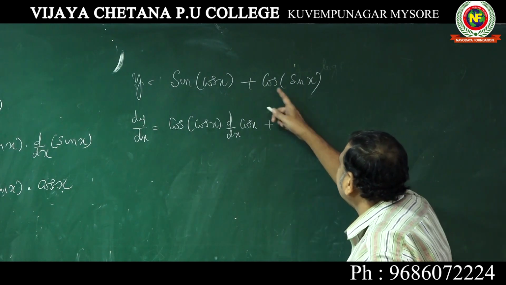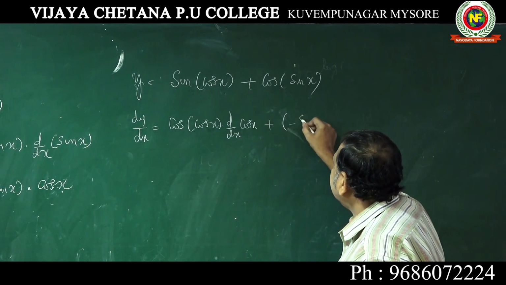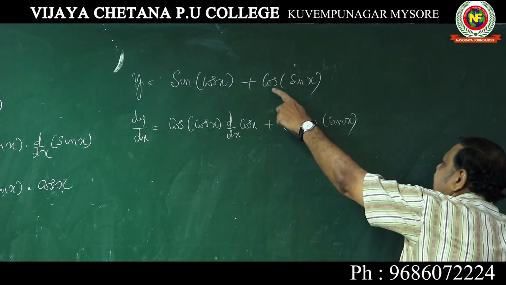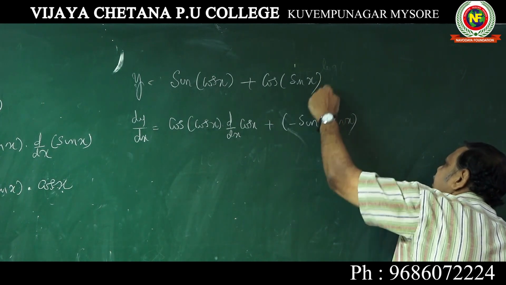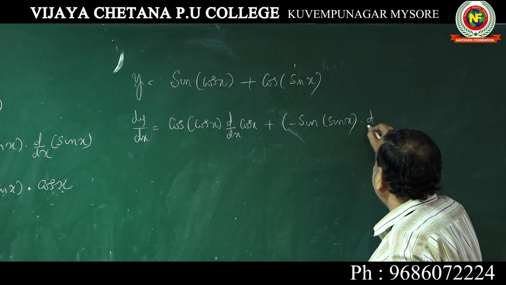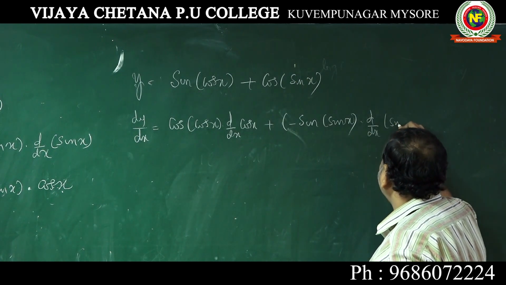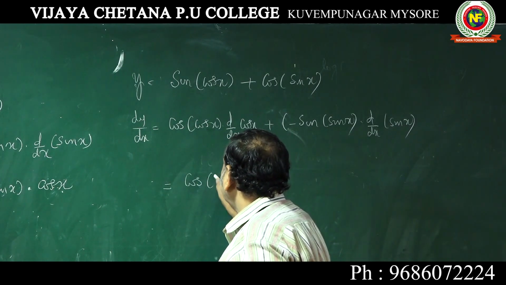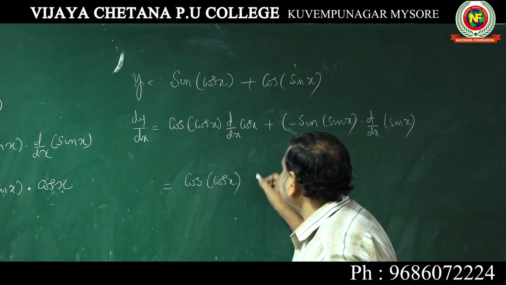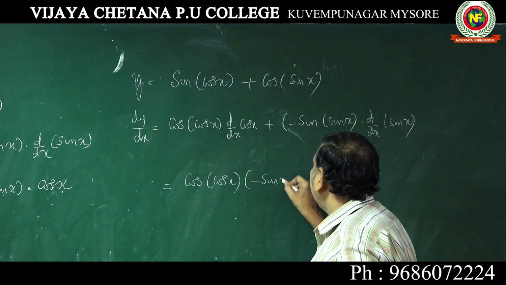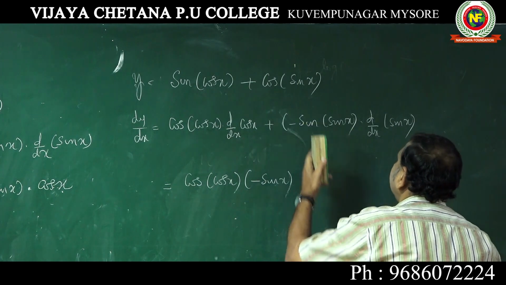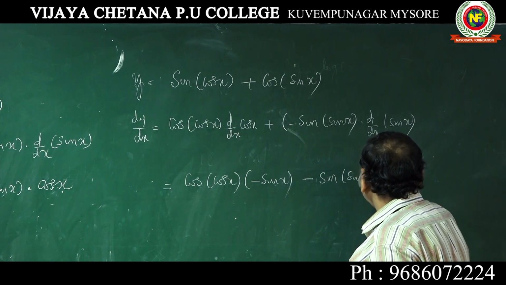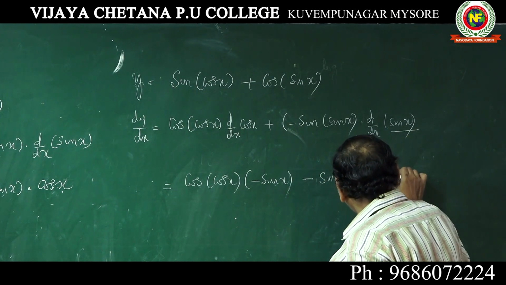Cos x differentiation becomes minus sine of sin x into d by dx of sin x. So it is cos of cos x into differentiation of cos x, which is minus sin x, and here it is minus sin of sin x into the differentiation of sin x, which is cos x.